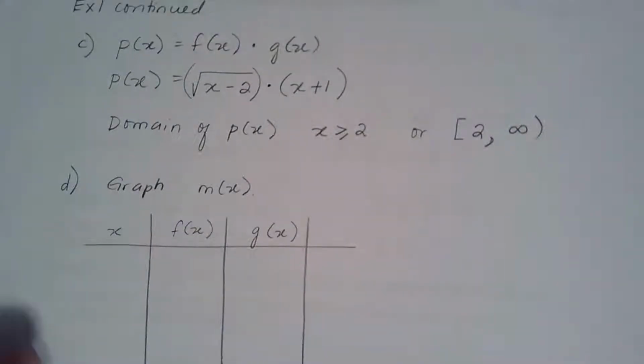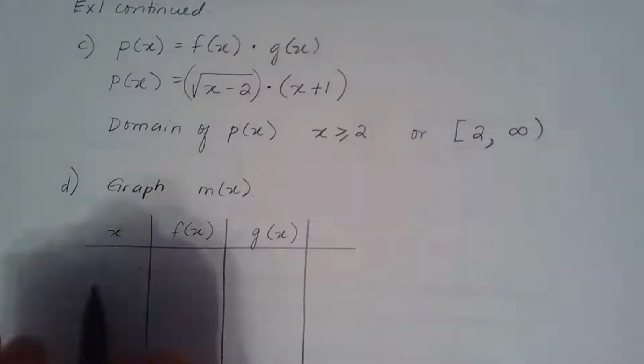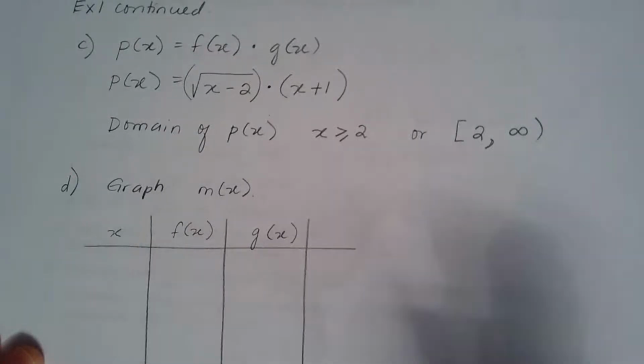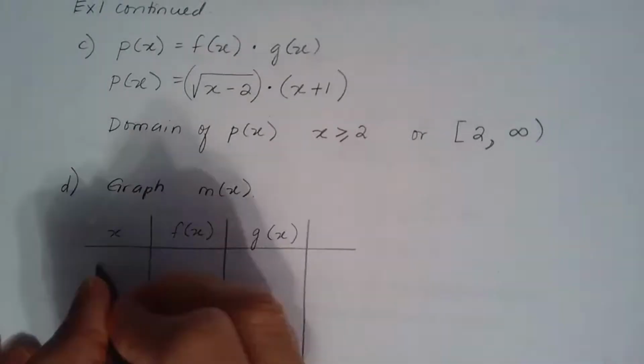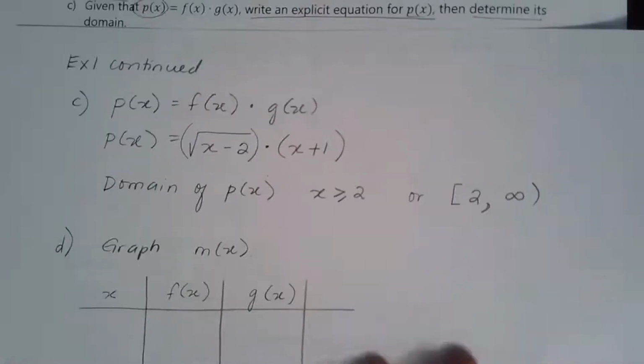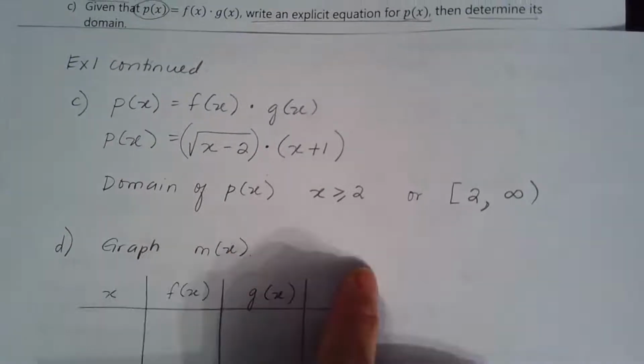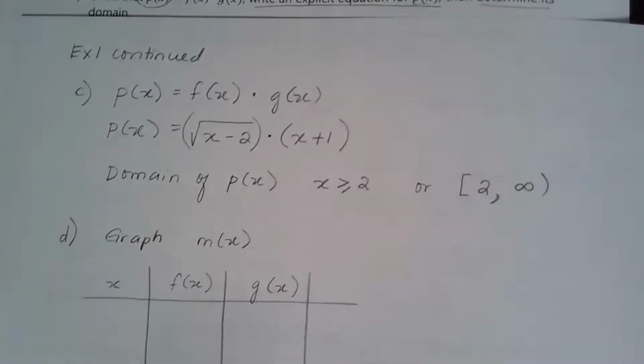Okay. So with f of x there, that's square root of x minus 2. So we're going to pick some numbers. Now we already know that the domain is 2 and greater.